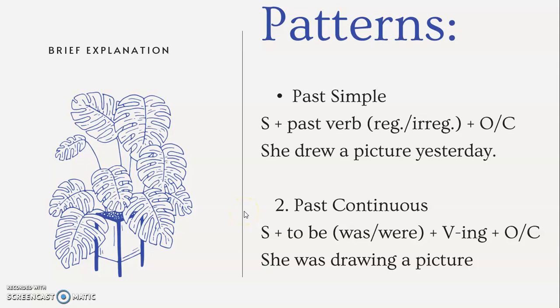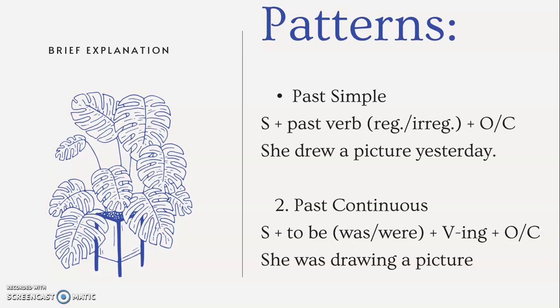The first one, for past simple, the pattern is subject plus past verb. Remember, in the past verb, we have regular and irregular forms, so you have to be careful. And then it is followed by an object or complement.